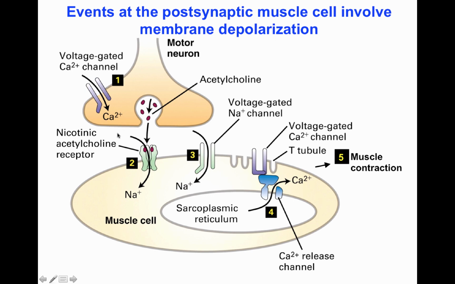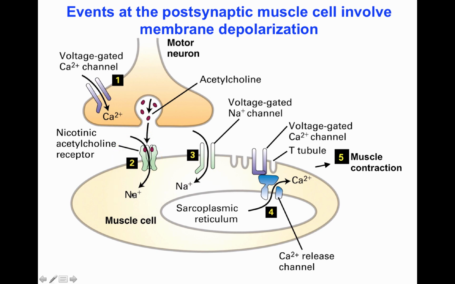The synaptic cleft is the area where the neuron cell and the muscle cell interact. The released acetylcholine is able to bind to the nicotinic acetylcholine receptor. When it binds, it induces a conformational change, opening the channel, and therefore you have the influx of sodium ions into the muscle cell.